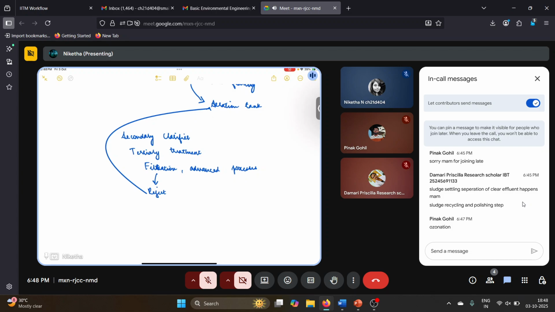From aeration, again it will come to the secondary clarifier, tertiary treatment, and this is like a cycle. And after tertiary treatment, there will be some solids also. Those solids will be used for manure.